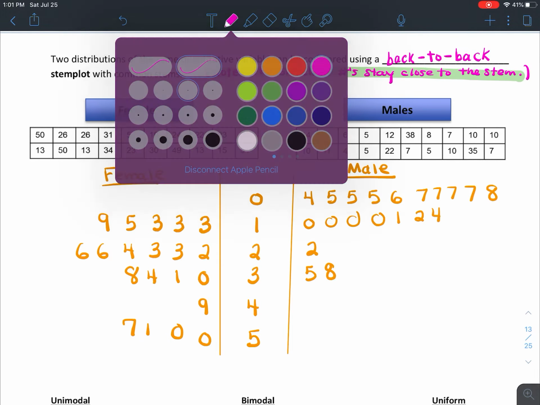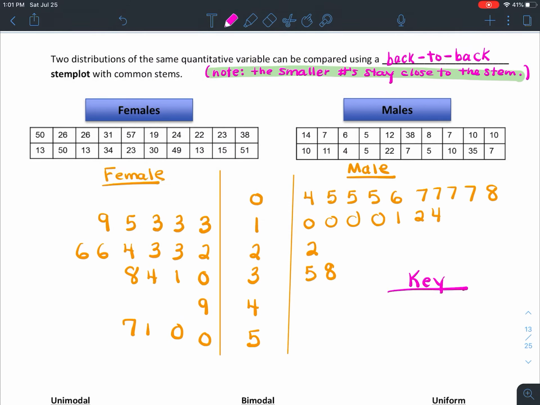Okay, I do need to provide a key, so I'm going to jot down over here, key. And I really should provide 2 keys because with a back-to-back, you are kind of looking at things a little bit in reverse when you go to the left side. So I'm going to do 2|2 for... That's probably a bad example because that exists on both of them.